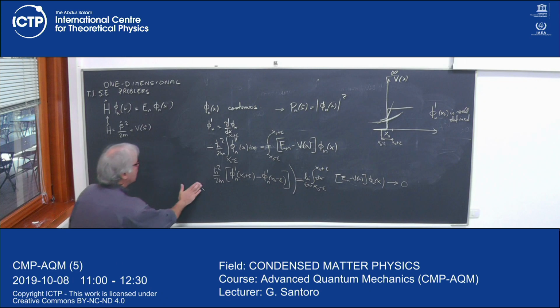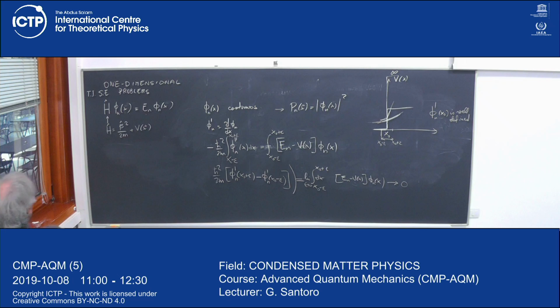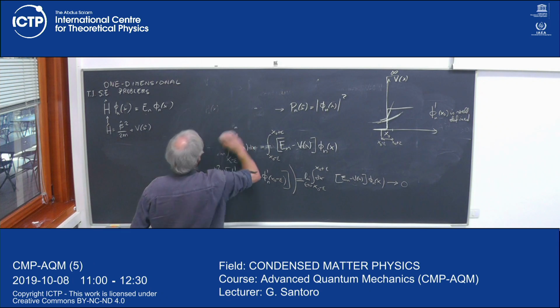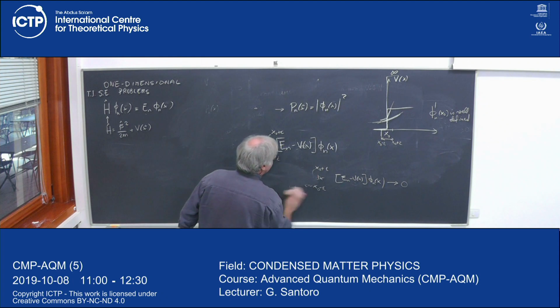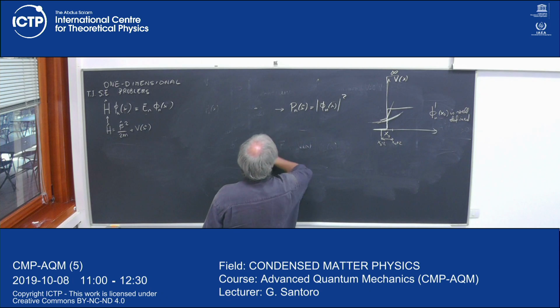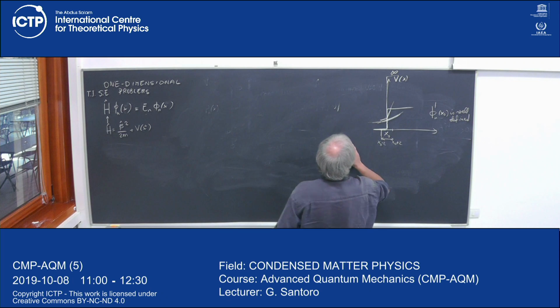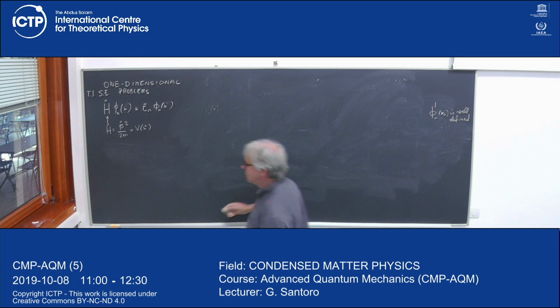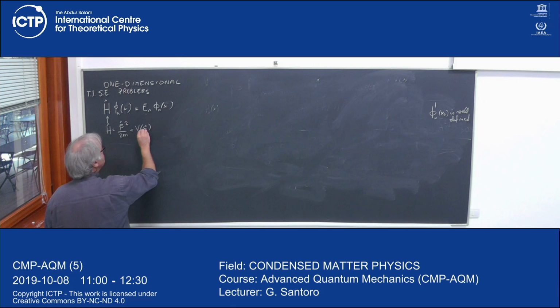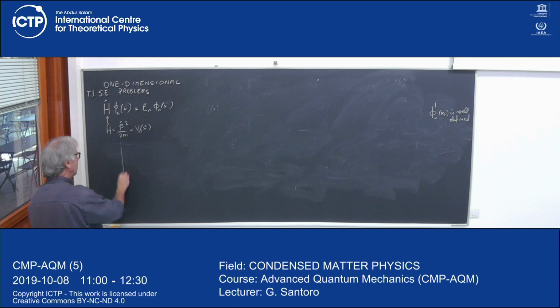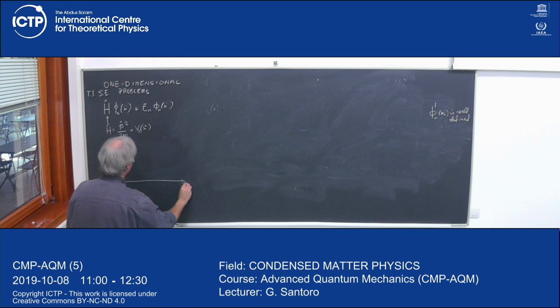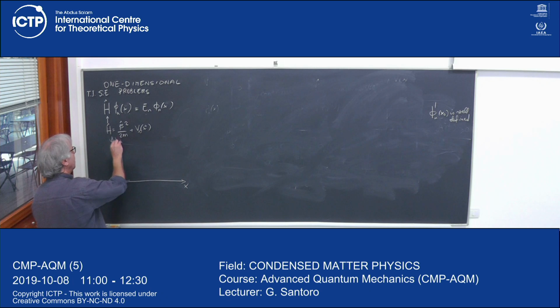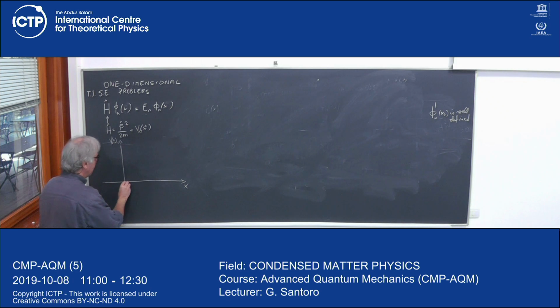Now, the potential that I want to deal with is, in fact, a singular one, exactly the case that I was telling you about. We do the infinite square well, which I will denote like this. The potential is like this, this is x, this is v of x. The potential is infinite here, then it is 0 here, then it is infinite again.